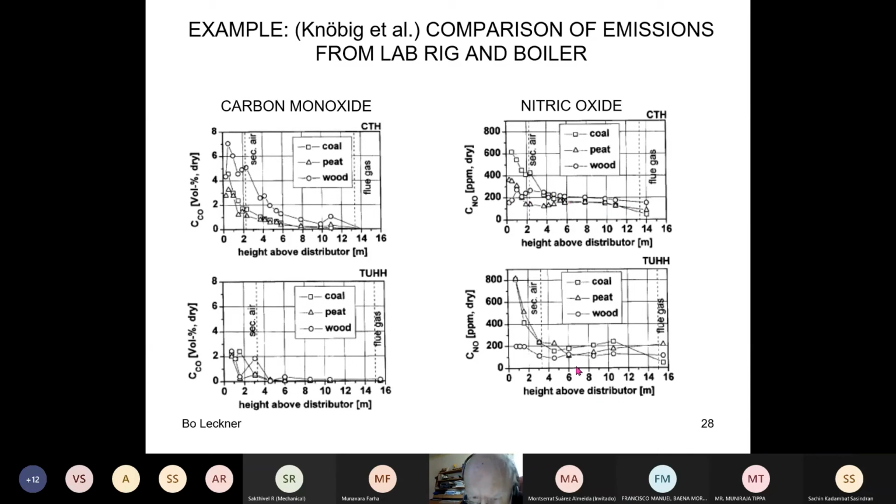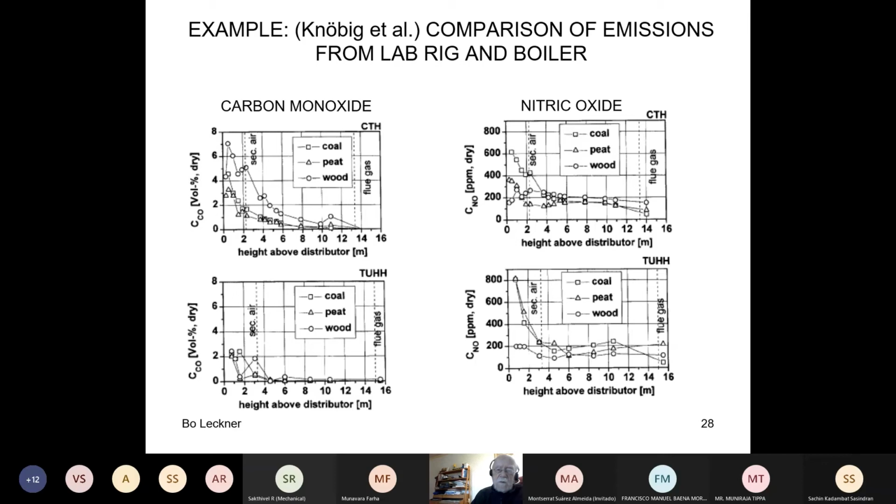In the narrow reactor, in the case of coal, we had something similar. We had very high NO initially, but an even steeper reduction here, and we had a reduction to almost the same level as that one. So you can see in short, I think there are many similarities between the reaction conditions in the two reactors, despite the great differences between them.